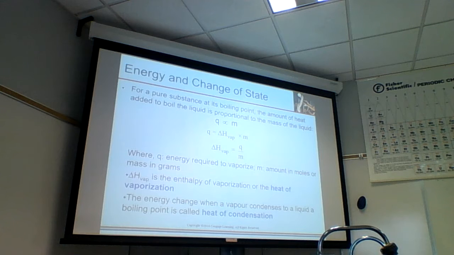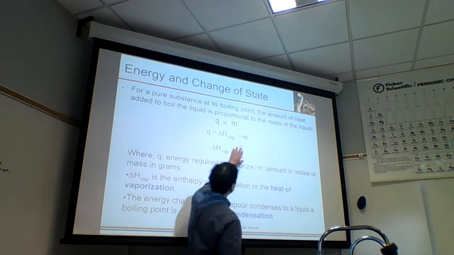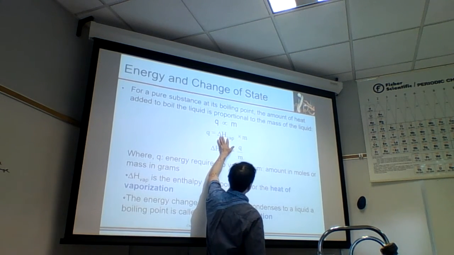Q is equal to the amount of heat or energy that you need to either input or extract, which is equal to the amount times delta H of the phase change. The amount need not be in grams. So Q is equal to the amount, the mass, times delta H.